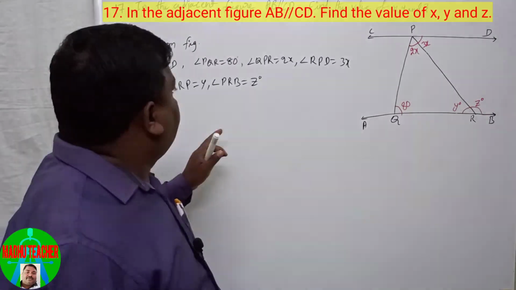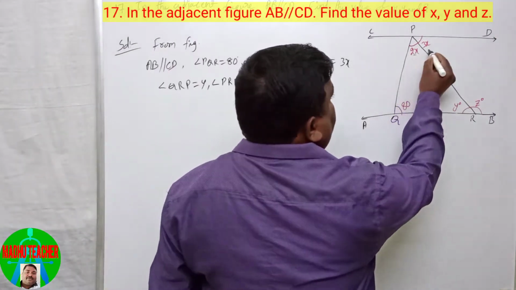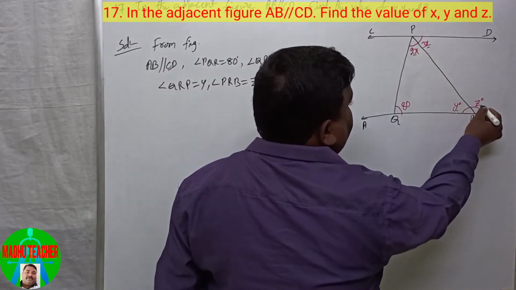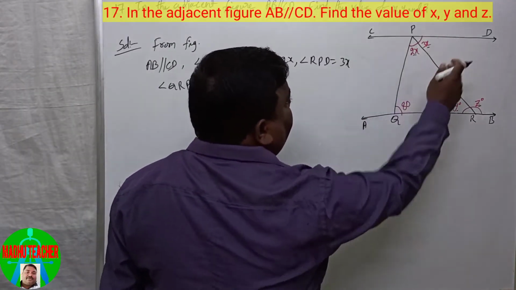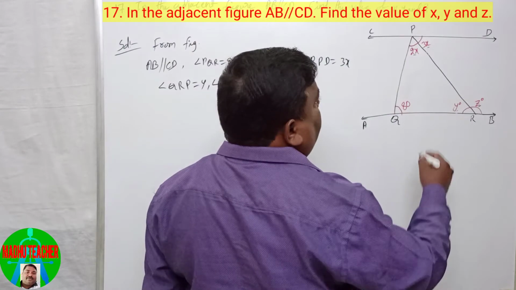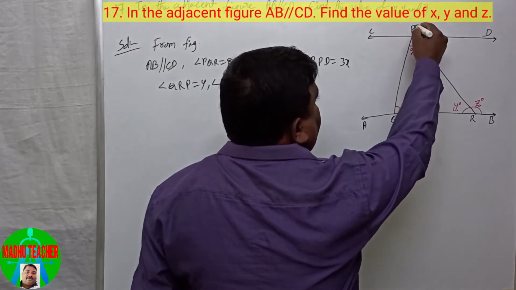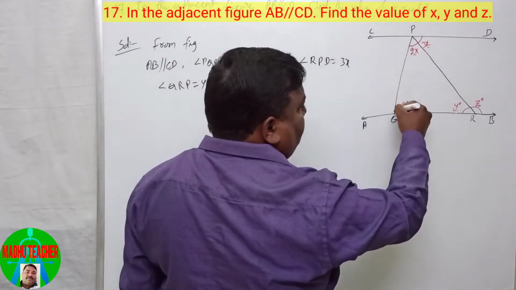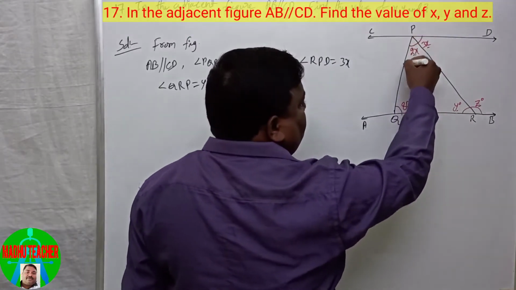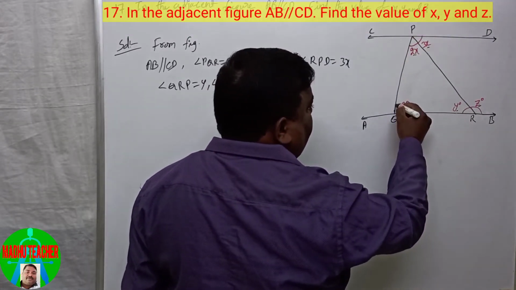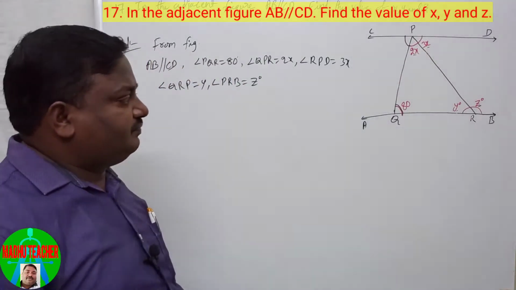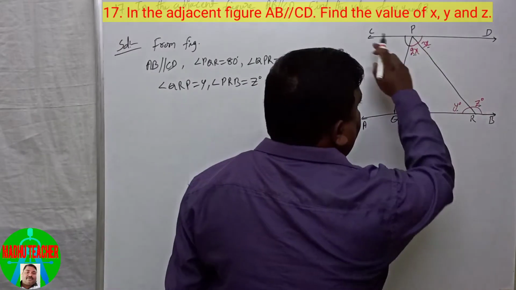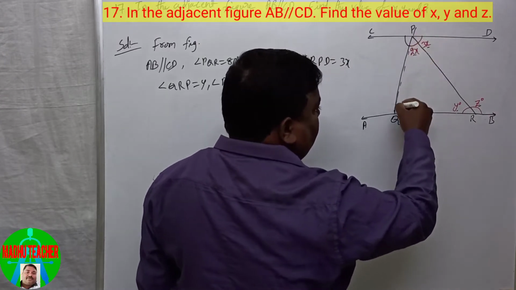What do you have to find? Find this x and y, z. AB is parallel to CD and I'm taking this as the transversal. Then these two angles are alternate interior angles. These two are parallel and this is the transversal.